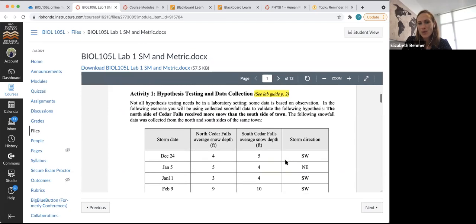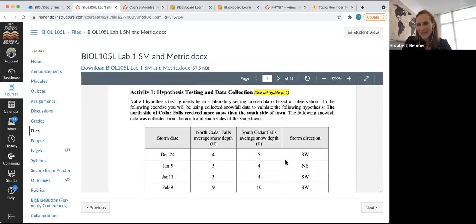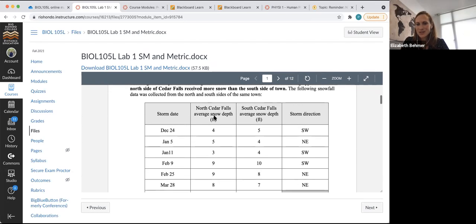For activity number 1, not all hypothesis testing needs to be done in a laboratory setting. Some data is based on observing. In the following exercise, which we'll also see in your lab guide, you will be using collected snowfall data to validate the following hypothesis. A hypothesis is a statement that describes why an observation occurred. This hypothesis, in bold, is: the north side of Cedar Falls received more snow than the south side of town, and the following snowfall data was collected.